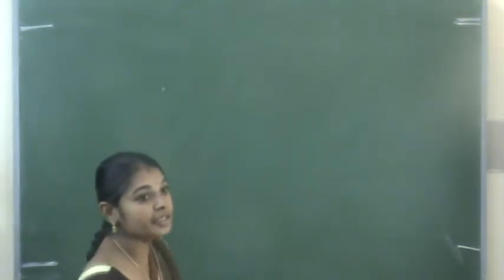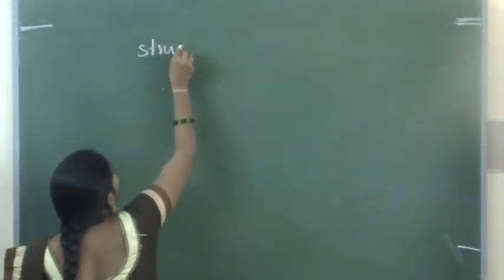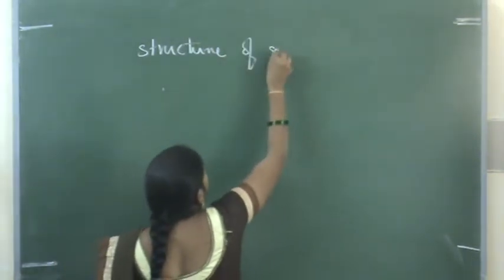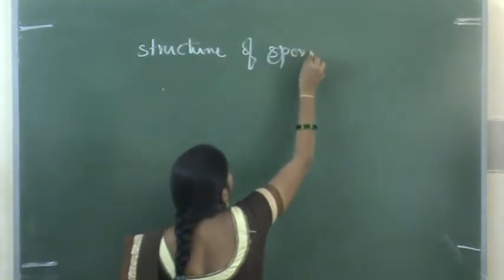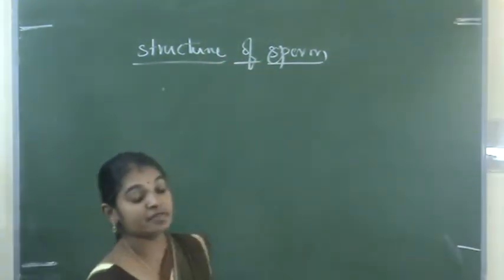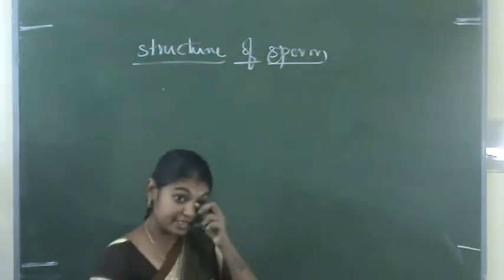Okay, good morning students. In this session we will continue with the structure of sperm. In the last session we discussed how the sperms are formed and what events occur.